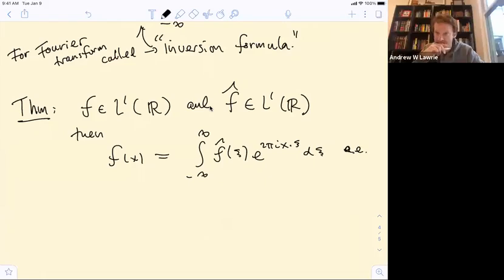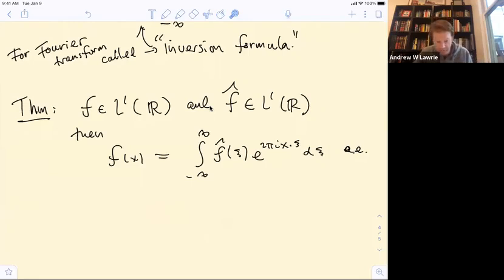Correct. But then I think we typically don't write "almost everywhere" here, because we only discuss L1 functions up to being equivalence classes anyway.